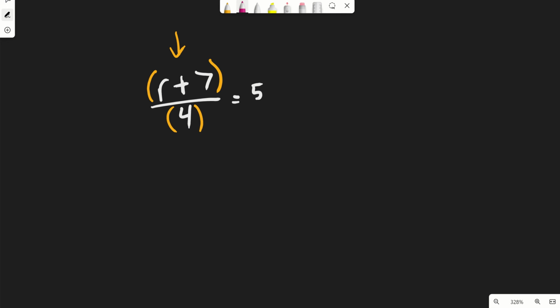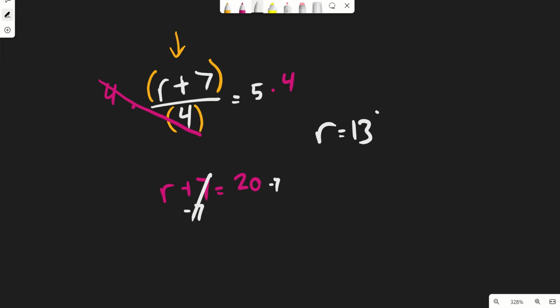If the whole equation is divided by something, we want to times by that number to get rid of the whole denominator. So the whole denominator is gone when we multiply both sides by whatever the denominator was. And this is going to give us r plus 7 equals 20. Then we're going to minus 7 and get r equals 13.